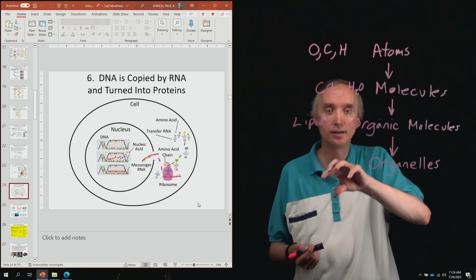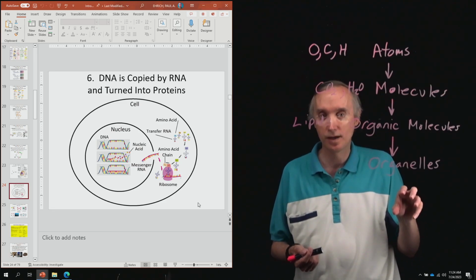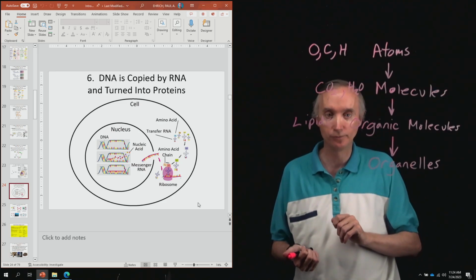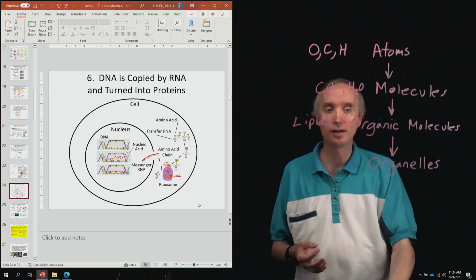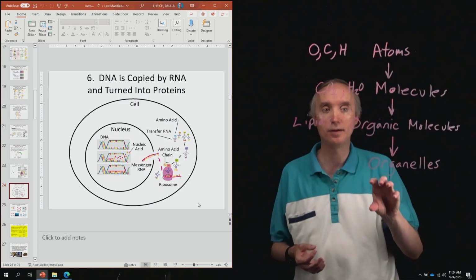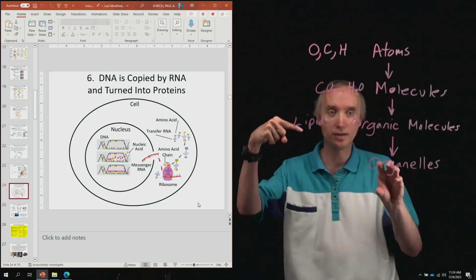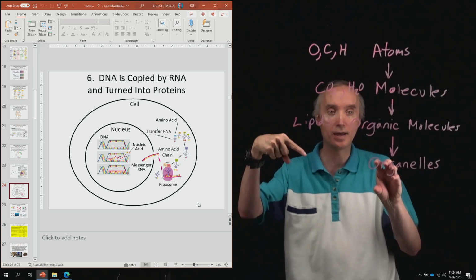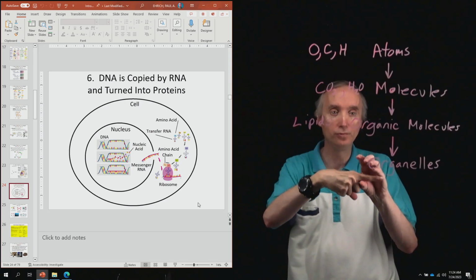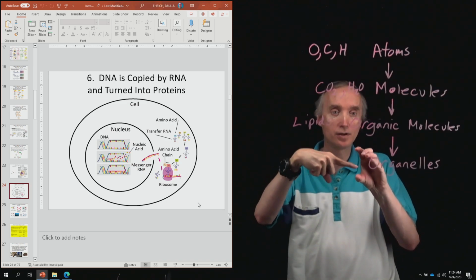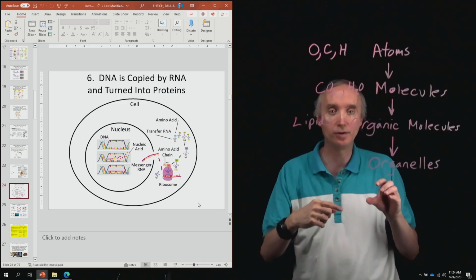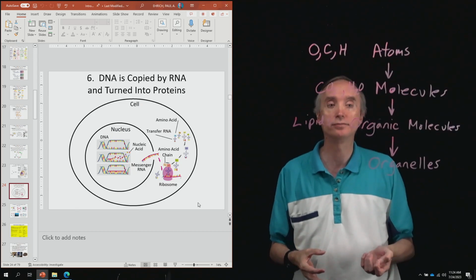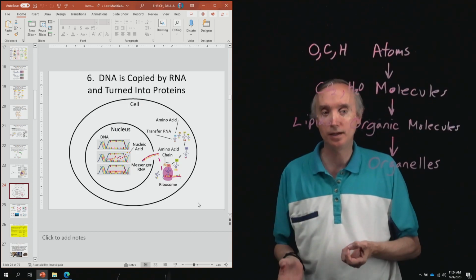The RNA then leaves the nucleus, and then it goes to a ribosome. And the ribosome is kind of like a ticker tape machine, so that the messenger RNA will go through the ribosome. And as it goes through the ribosome, it's going to be reading the information that came from the DNA.